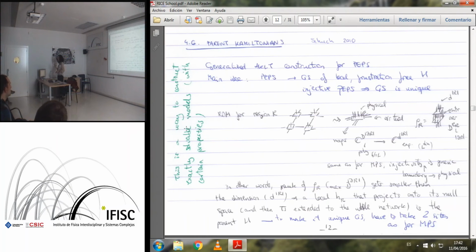Then there is another thing which is changing the tensor and seeing how the parent Hamiltonian changes and how the gap changes. But this is a different issue. In the generic case, I don't know about the connection to the parent Hamiltonian, but I should check.